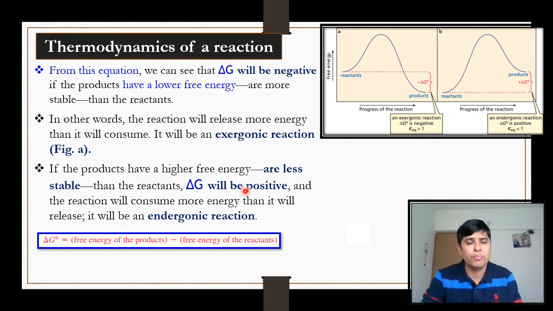Delta G will be positive, and the reaction will consume more energy than it will release. This will be an endergonic reaction. So the free energy of reaction is equal to the free energy of products minus the free energy of reactants.